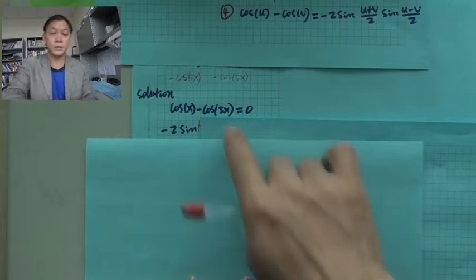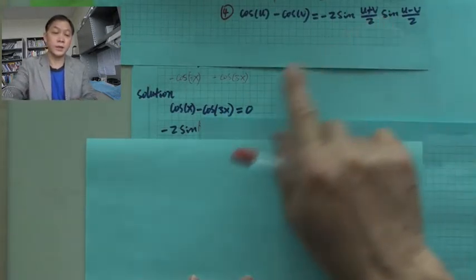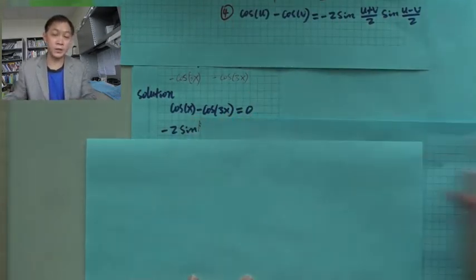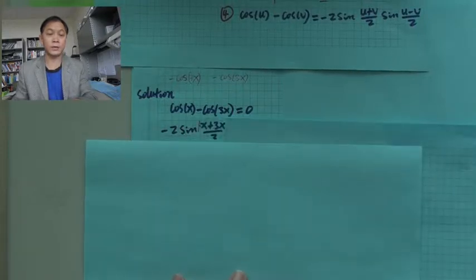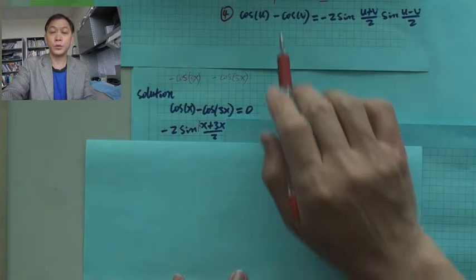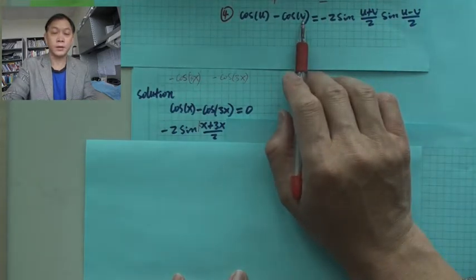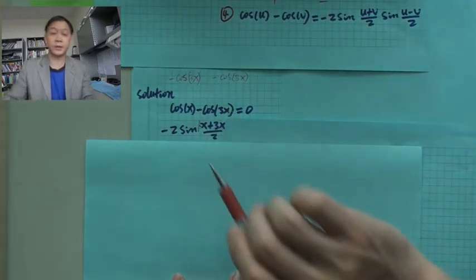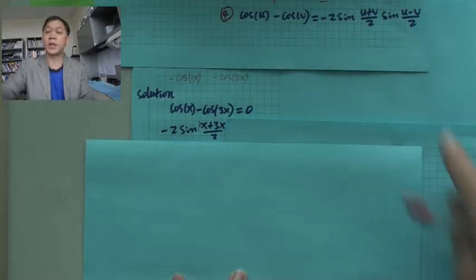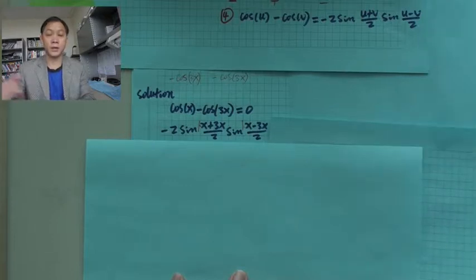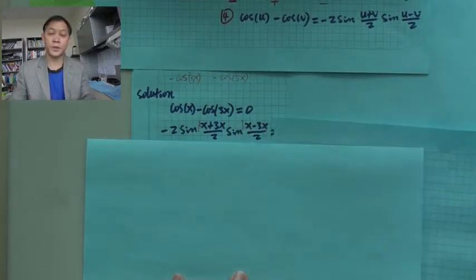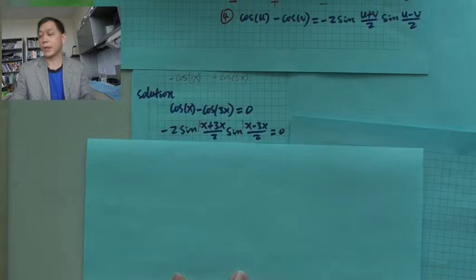And then u plus v, so x plus 3x divided by 2. And then u minus v, so it's x minus 3x divided by 2, with sine in front of it. And that equals 0.